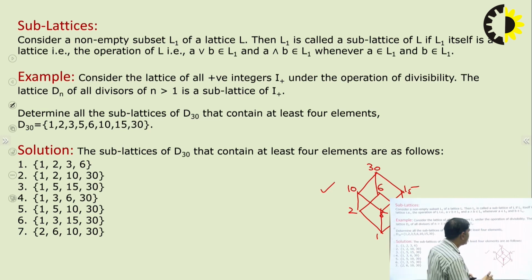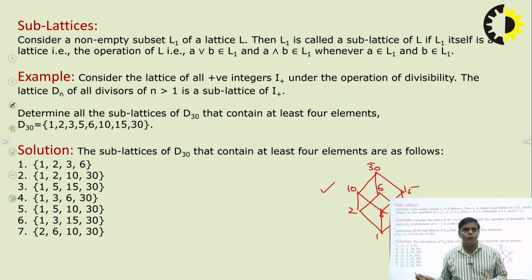Again, suppose we are considering the structure 1, 2, 10 and 30. This is a straight line, because 1 divides 2, 2 divides 10, and 10 divides 30. You will find the LUB and GLB, and again there exists a LUB and GLB for each and every pair.